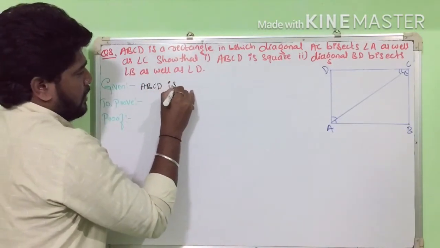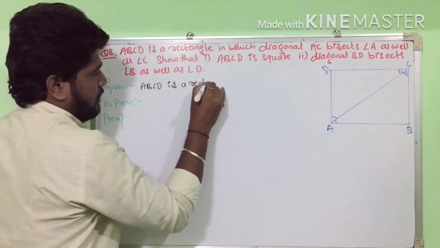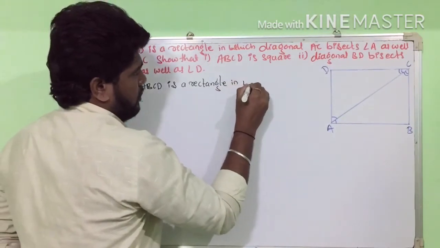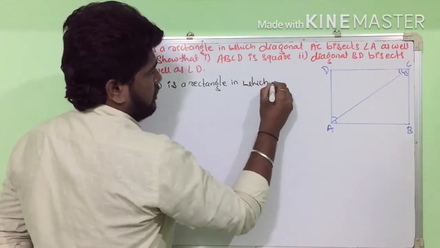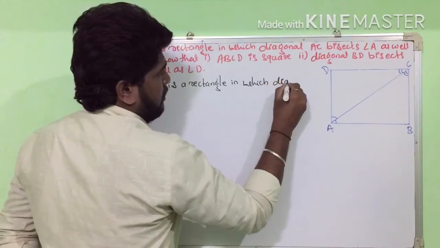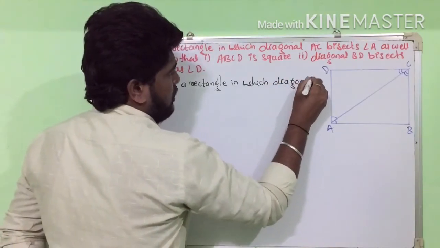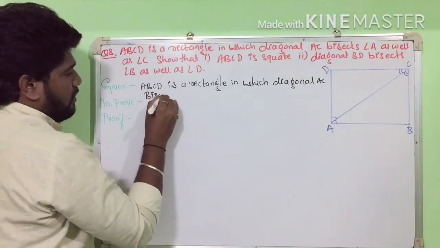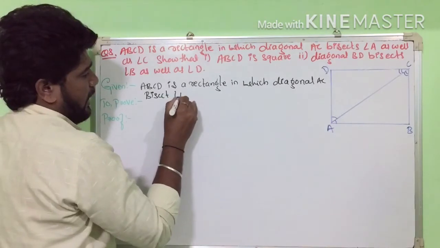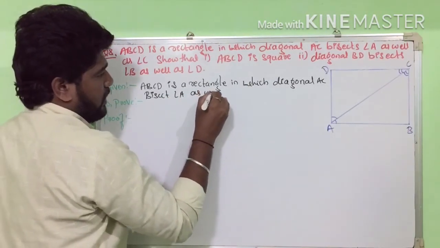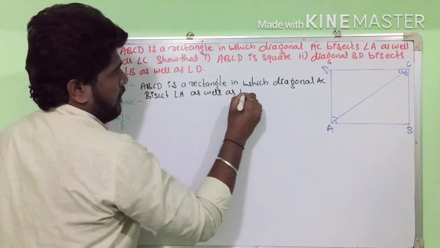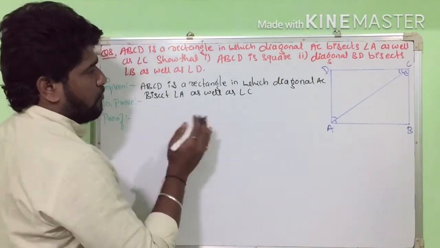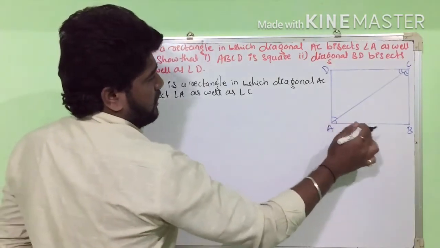ABCD is a rectangle in which diagonal AC bisects angle A as well as angle C. Right, this much they have given, and we want to prove here ABCD is a square.